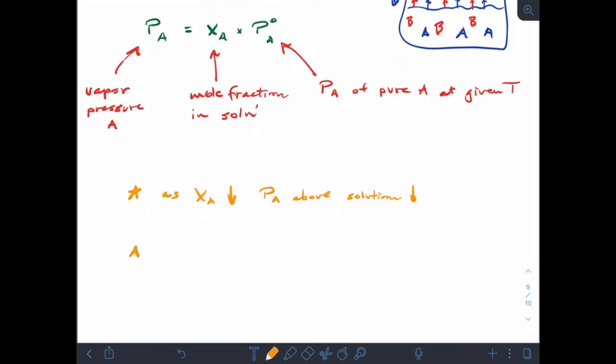So A will boil when the vapor pressure of A equals the atmospheric pressure. Okay, so if I have less A, then it takes me longer to get to the equal atmospheric pressure.